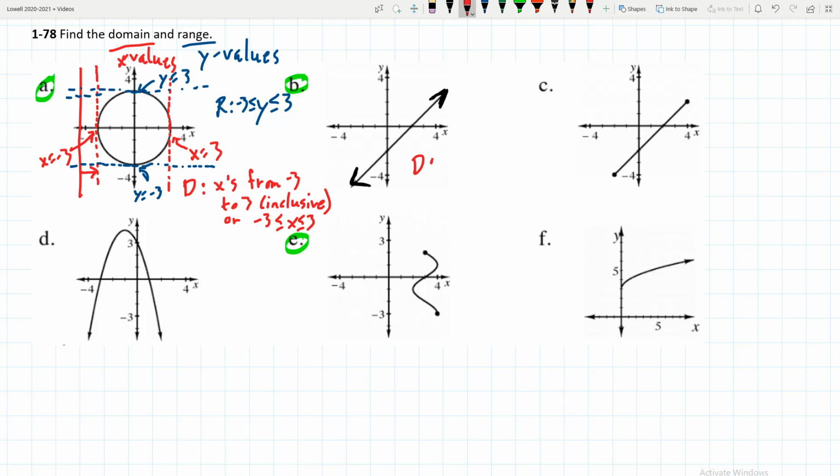Our domain is going to be all real numbers, from negative infinity to positive infinity. And likewise, our range is also all real numbers. Notice that B and C, these two graphs, look almost exactly the same, except that C does not go on forever because it's got these two endpoints.